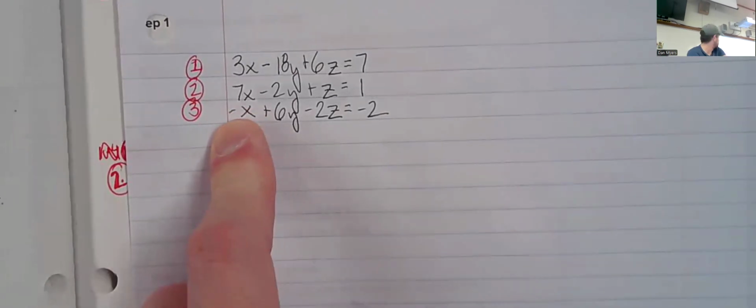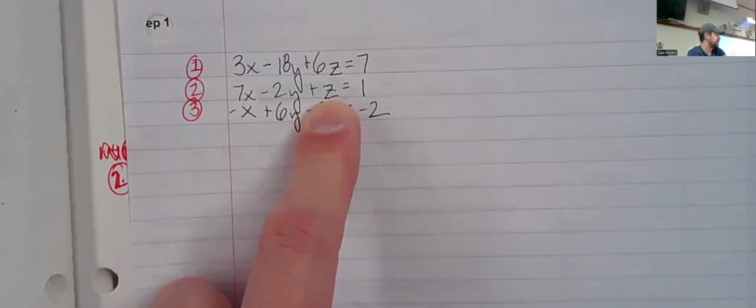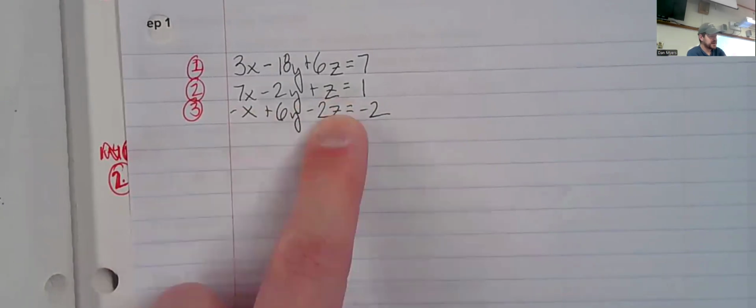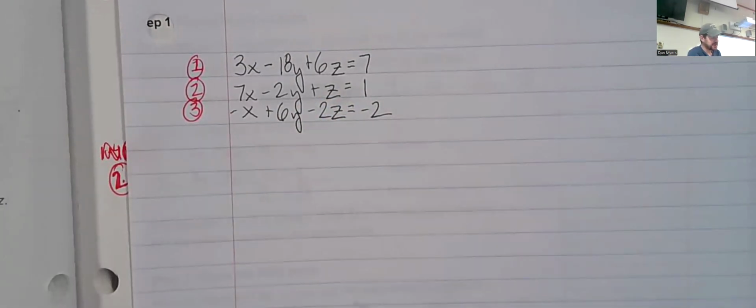Y would be fine, X would be fine, Z would be fine. I would probably go with either X or Z, just because there's no coefficient in front of X here, there's no coefficient in front of Z here.